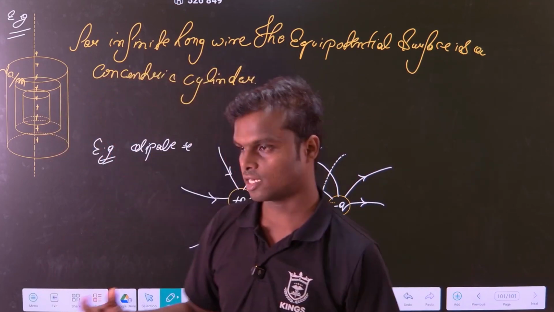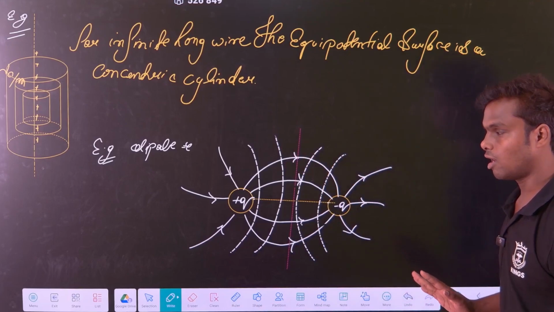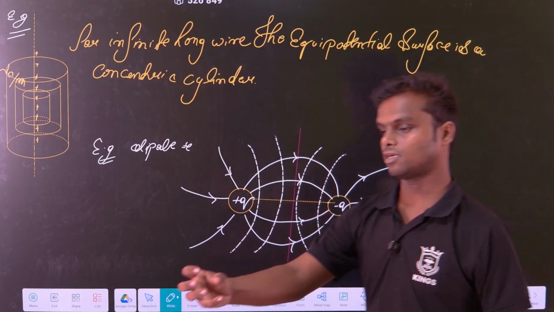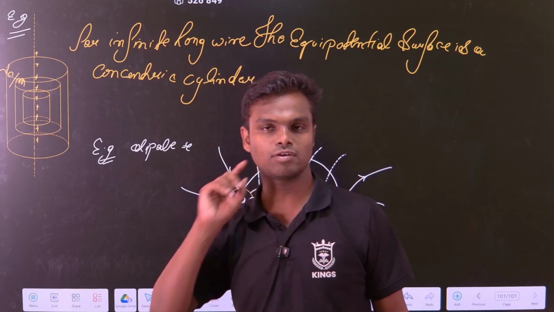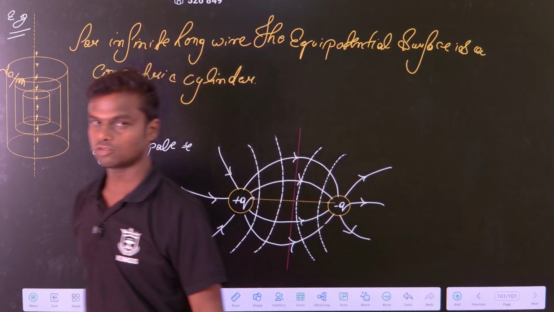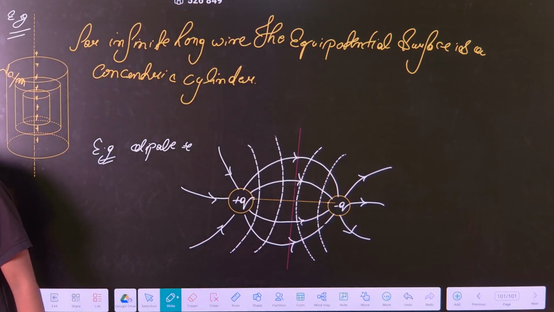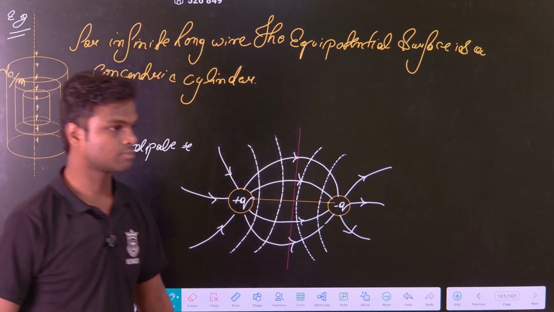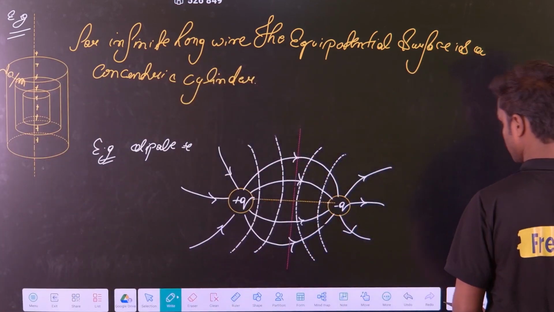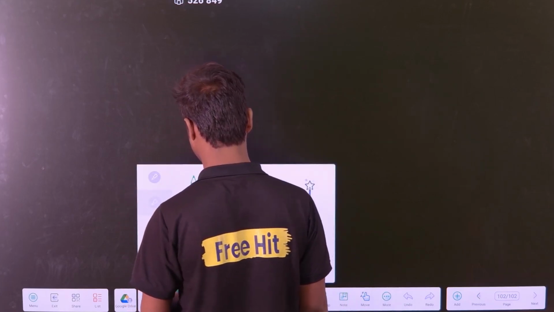We will understand in a better way how we can easily draw that surface when we know the properties of the equipotential surface. So let me start with the properties.